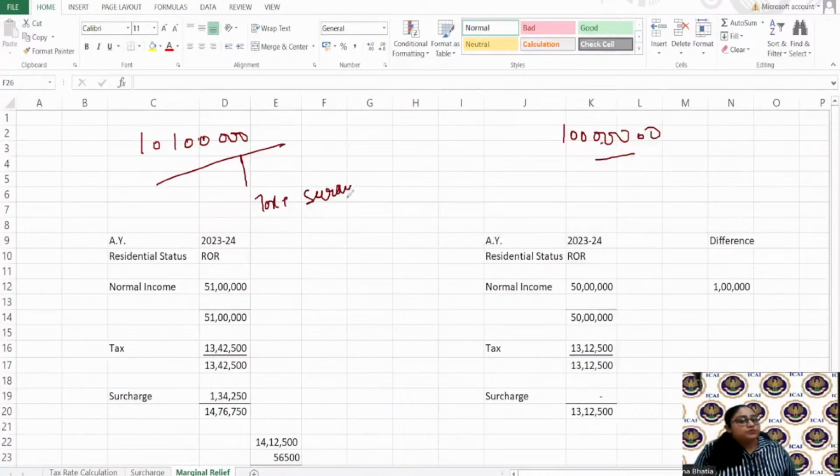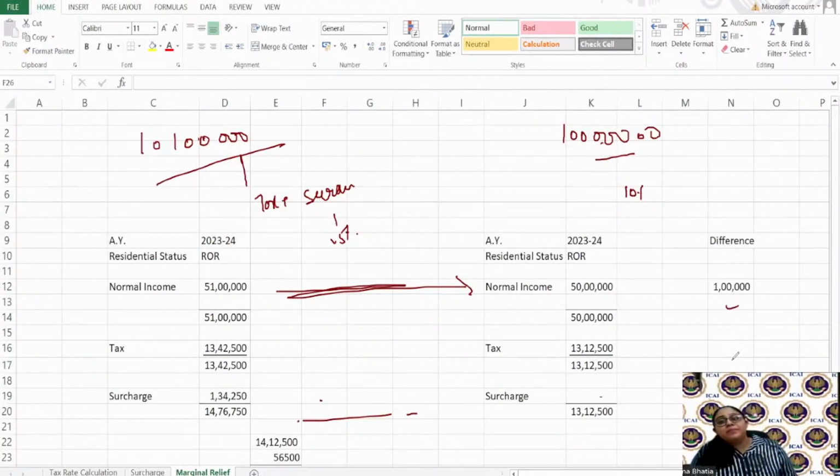Here the surcharge would be 15% and here the surcharge would be 10%. Calculate the income difference, which would be 1 lakh. Calculate the tax plus surcharge difference in both the cases, and the maximum tax which you can get from the person, excluding cess, would be the tax on 1 crore plus the additional income. Okay. Whatever extra amount there is, that would be your relief.